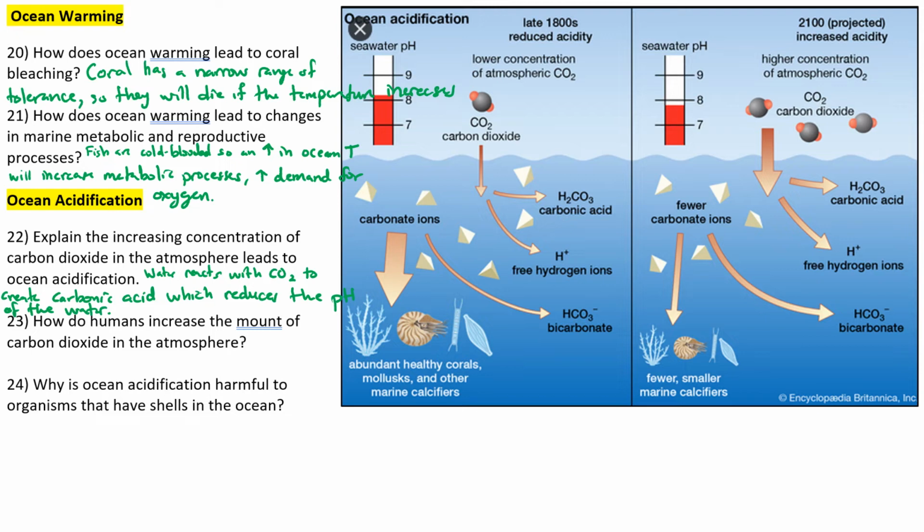Number 23. How do humans increase the amount of carbon dioxide in the atmosphere? Easy. Burning fossil fuel and causing deforestation. Just to name a few. So 24. Why is ocean acidification harmful to organisms that have shells in the ocean?